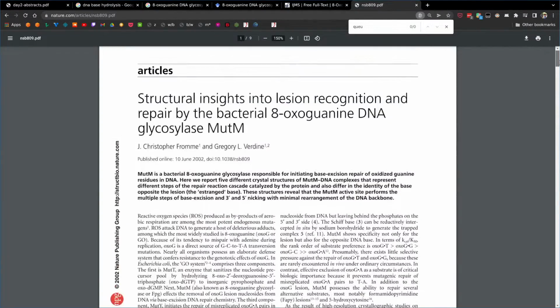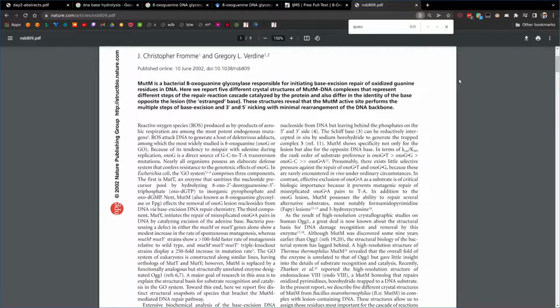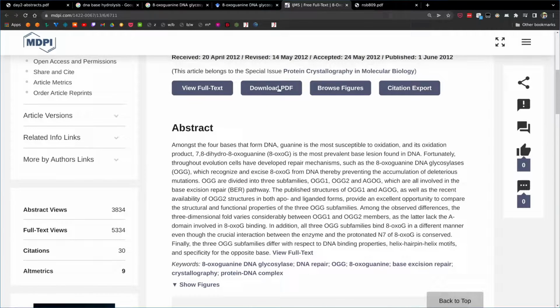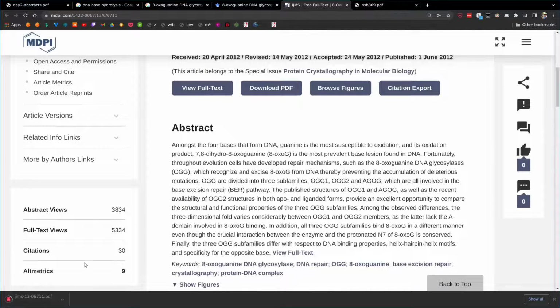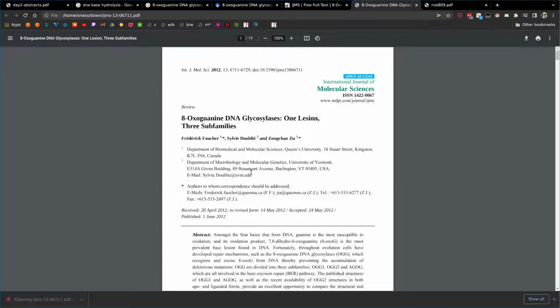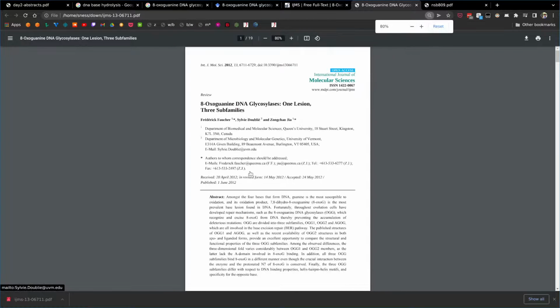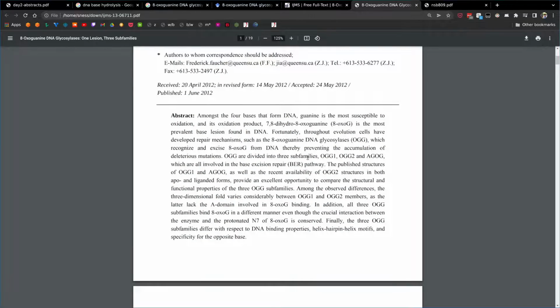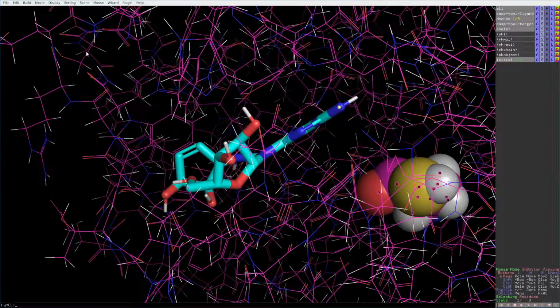I think we jumped ahead too much. Yeah, that's with the DNA. Well, we also did have all those other ones. Why don't we just load those all in?